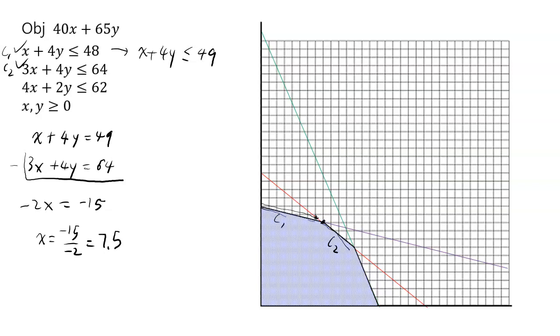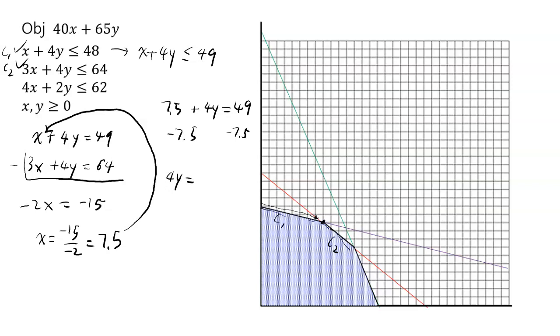Now once you have that number, you can plug it back into any of the equations and solve for y. I'll plug it back in here. So that 7.5 plus 4 times y is 49. Subtracting 7.5 from both sides, you get 4y equals 41.5.